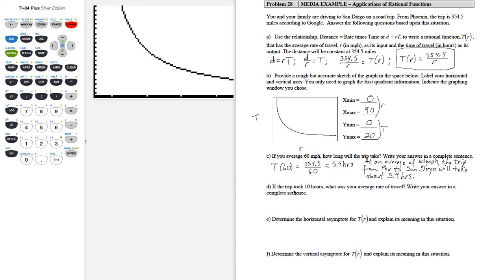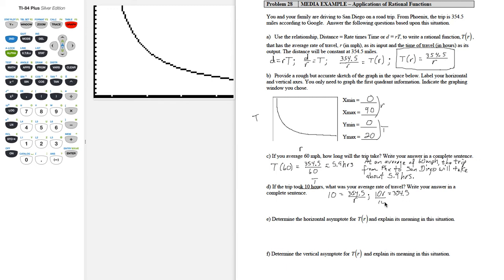Part D, if the trip took 10 hours, so that's a time value, what was your average rate of travel? So time, that's an output, equals 354.5 over r. I can multiply both sides by r, which clears the r here and puts r on the left.